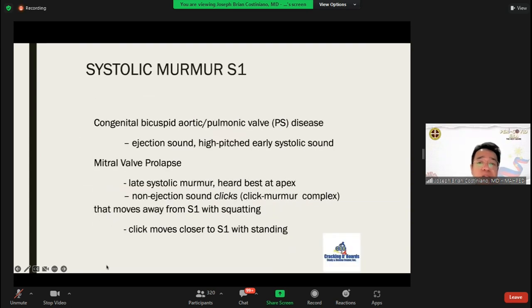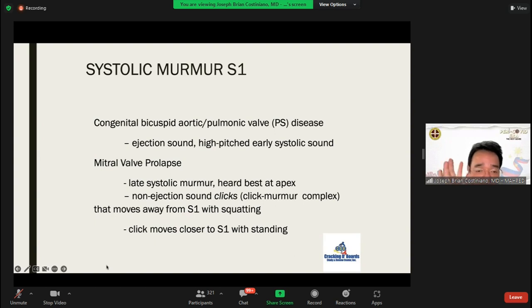Now, in congenital bicuspid aortic or pulmonic valve disease, you will usually hear an ejection sound or a high-pitched early systolic sound. Meanwhile, pag MVP, if MVP ang tinanong, tapos merong click sa options, yun na yung sagot.